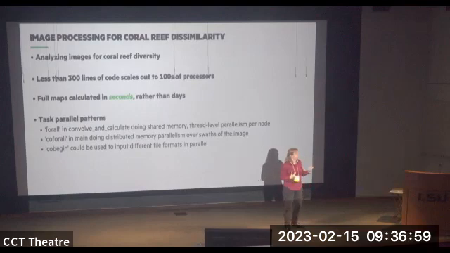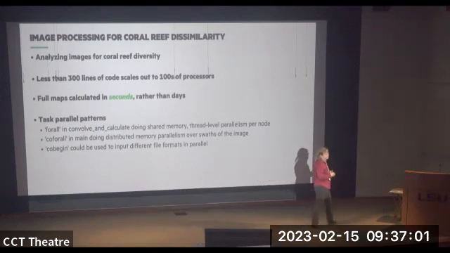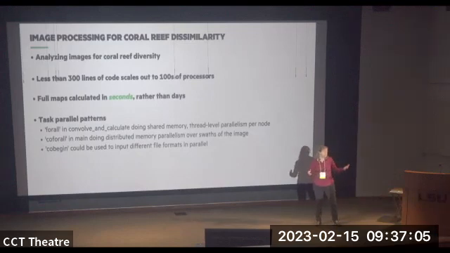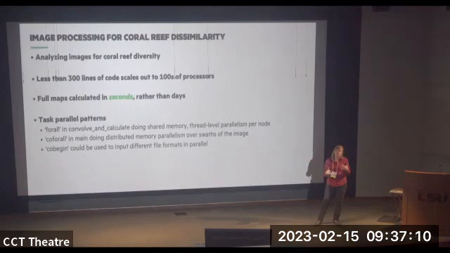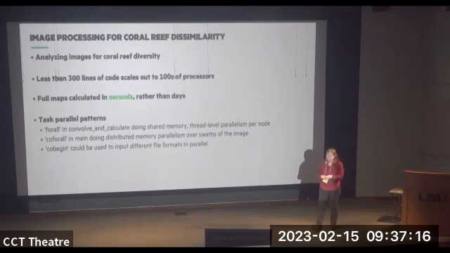Why? Well, we've got to prioritize our efforts to try to save those coral reefs. And so that's what this is trying to do. It's taking satellite imagery and trying to analyze, from what we know about on the ground, how we can save as much diversity in these coral reefs as possible.